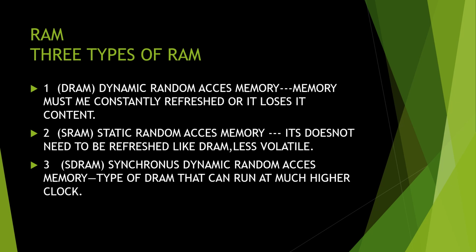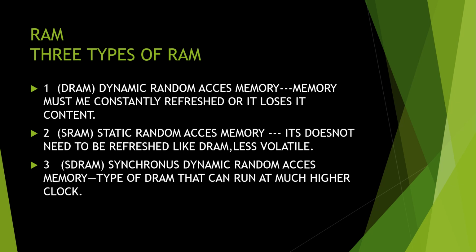Next is SRAM, or static random access memory. It does not need to be refreshed like DRAM. It is less volatile, which means its stability is more than DRAM. And SDRAM is synchronous dynamic random access memory. Synchronized means coming together.